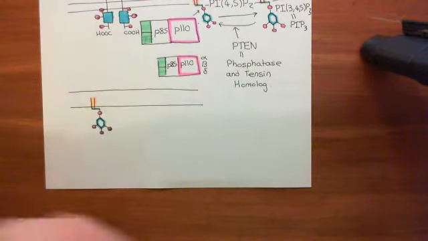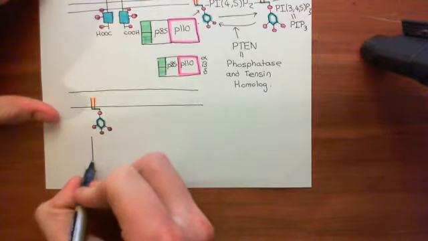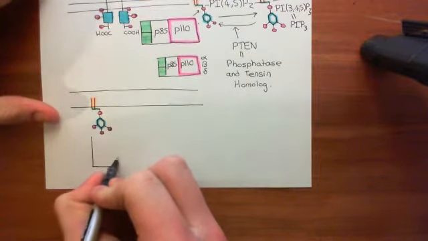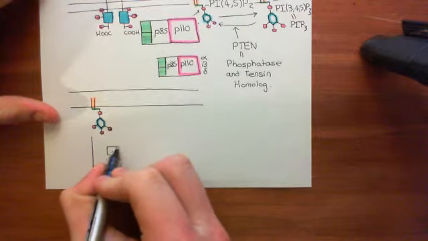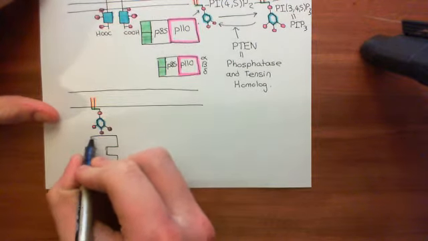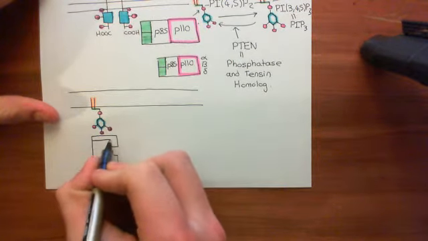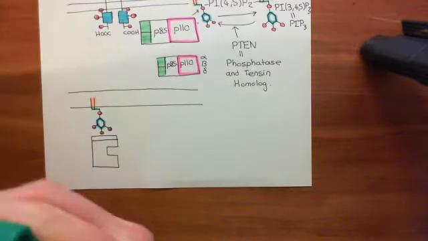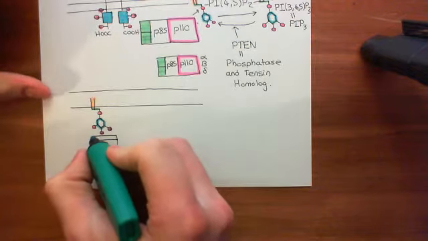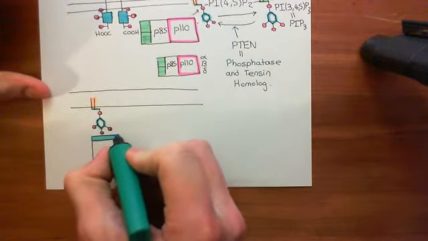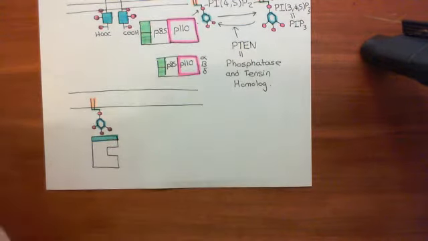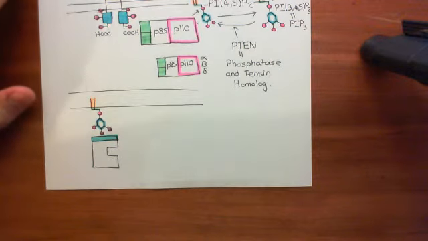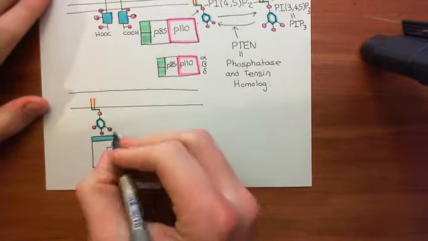Now what's going to happen is our enzyme, phosphoinositide-dependent kinase 1, is going to bind to the PIP3 molecule. And to do this, it has a special domain. We've discussed SH2 domains, we've discussed phosphotyrosine binding domains, PTB domains, which are conserved structures that you find in many different proteins which bind to phosphotyrosine residues.